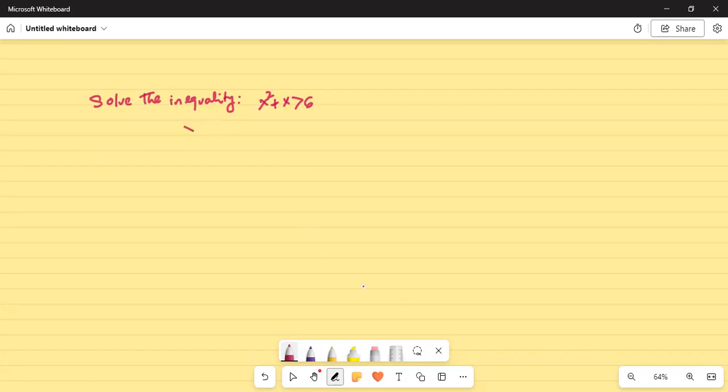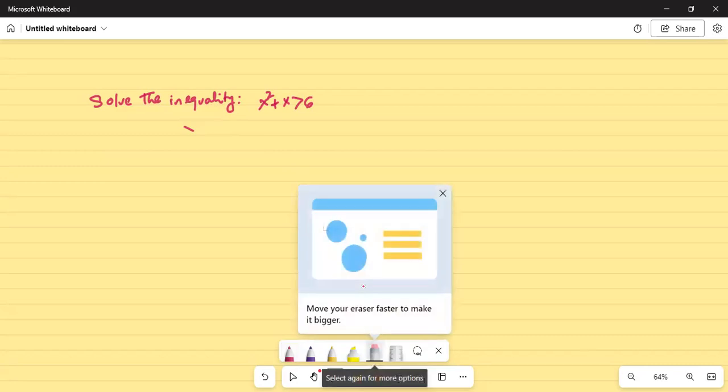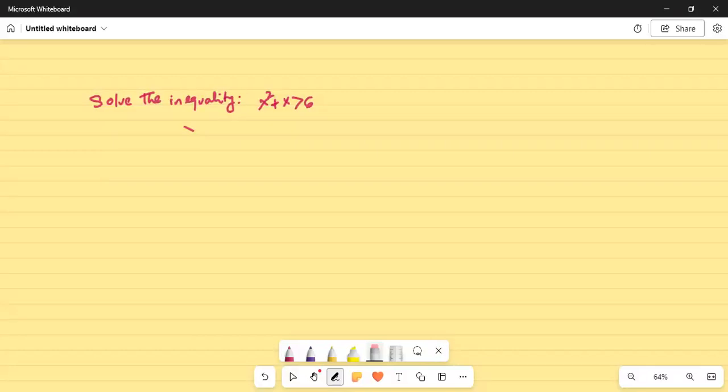So, let me change the color of the pen. The inequality is x squared plus x greater than 6.